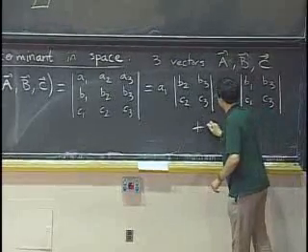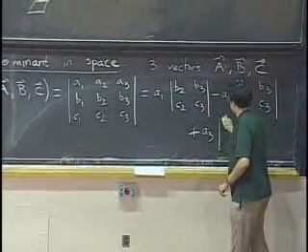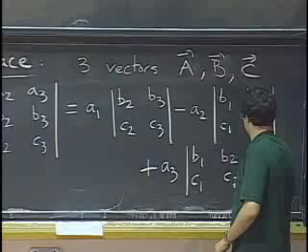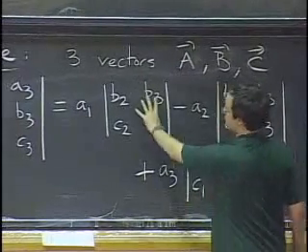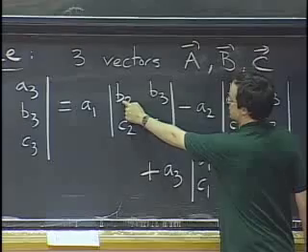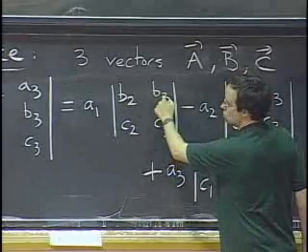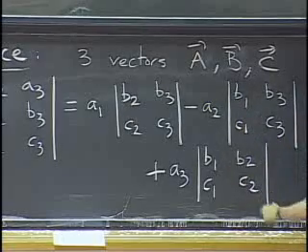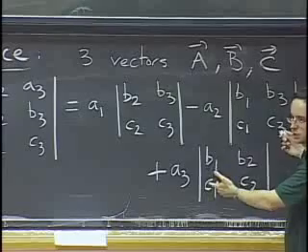And then I will add A3 times the determinant B1, B2, C1, C2. And each of these guys means, again, you take B2 times C3 minus C2 times B3. And this times that minus this times that, and so on. So in fact, there's a total of 6 terms in here.